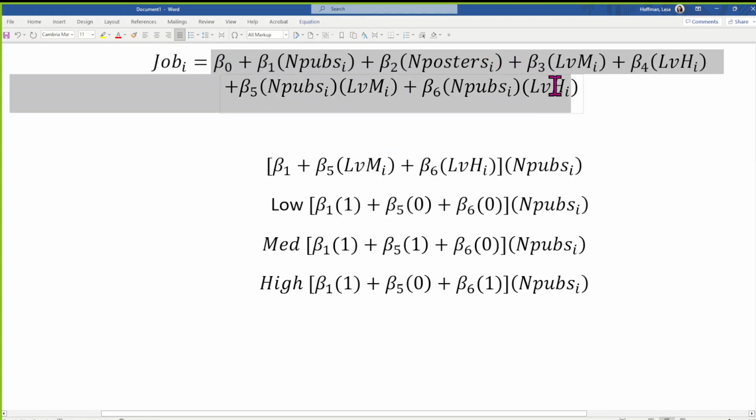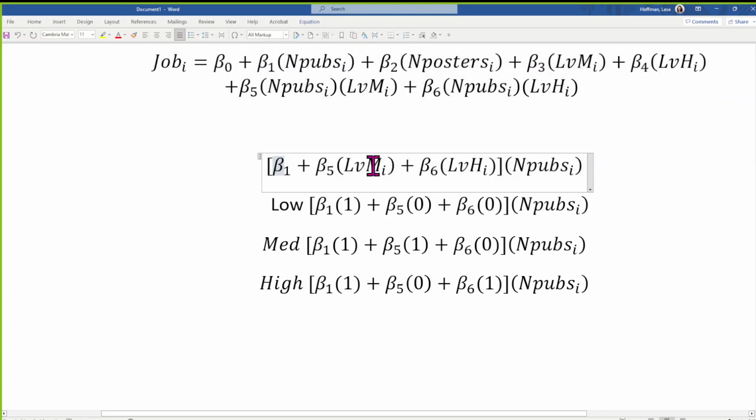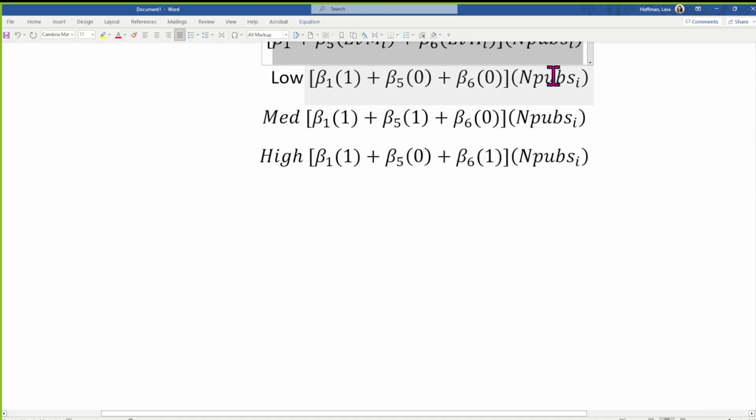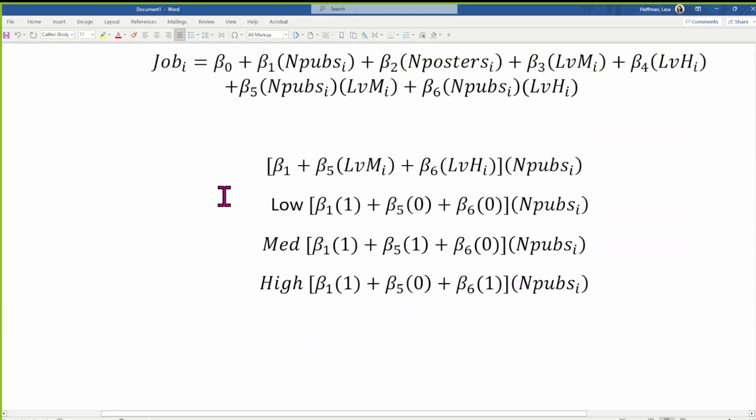This is where I'm at. So I wrote out the model for section 3, extracted what we need to figure out the simple slope of publications, and now I'm working through what it would be for each group. So we have then group differences potentially, right? So what if I said low versus medium? Let me get that one.